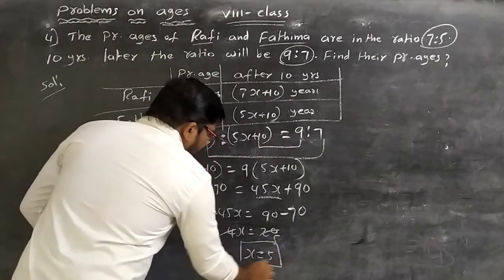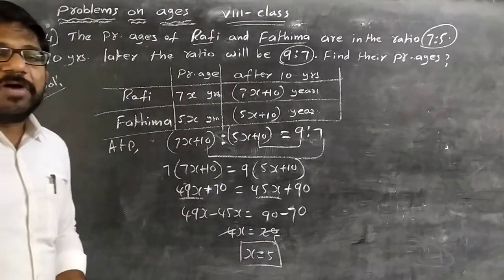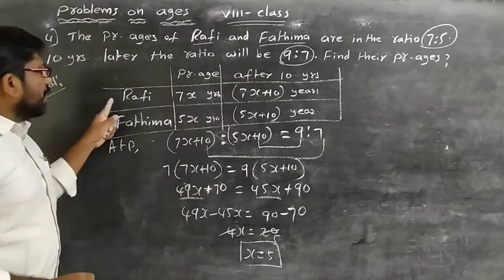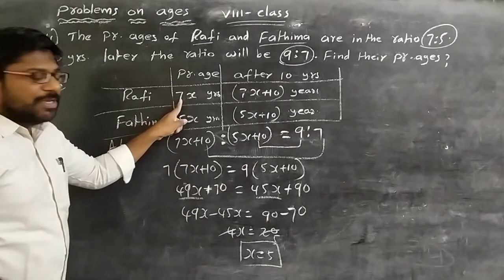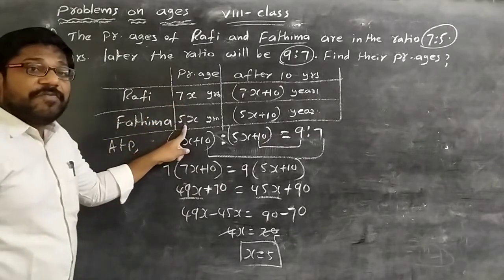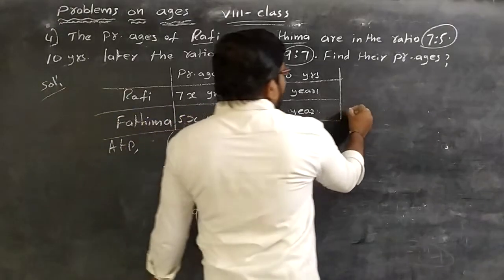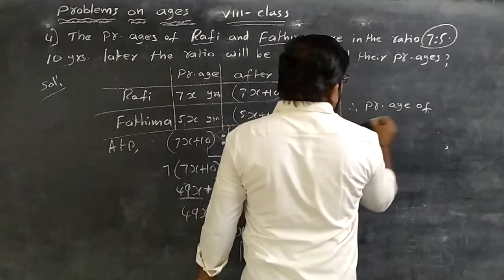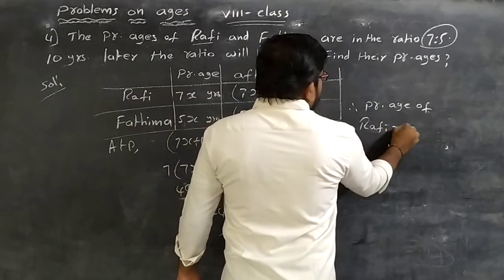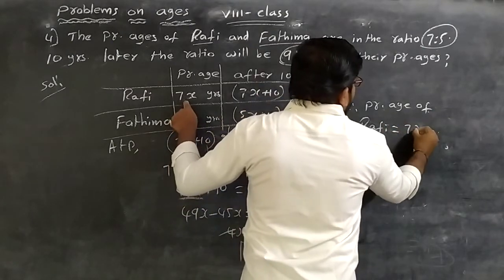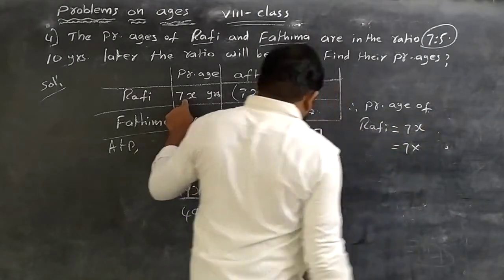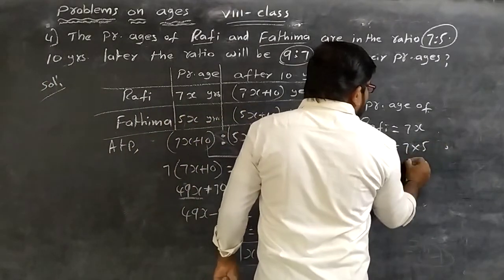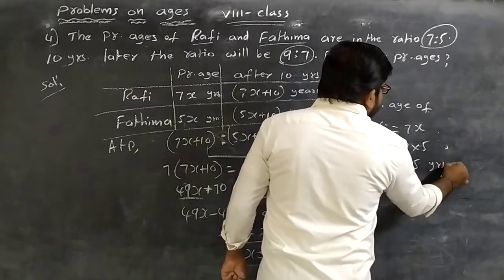Now we got the x value. Now we can find the present ages of Rafi and Fatima. What is the present age of Rafi? 7x. What is the present age of Fatima? 5x. Therefore, present age of Rafi is 7x, that is 7 into 5, since x is 5. 7 fives are 35 years.